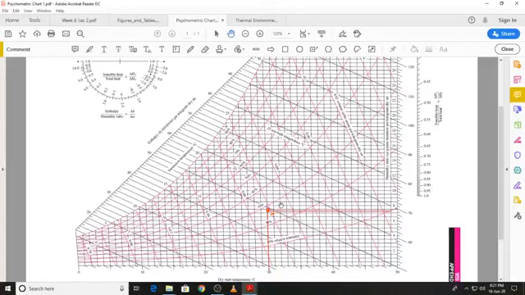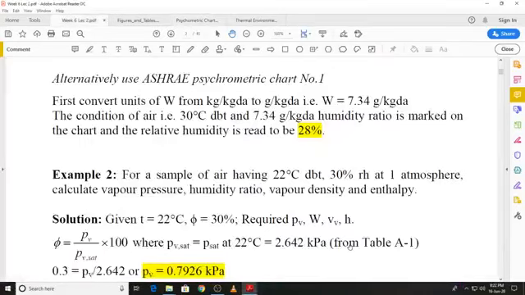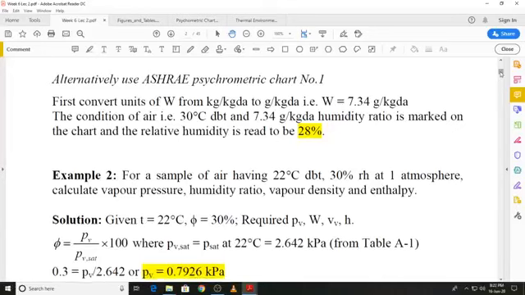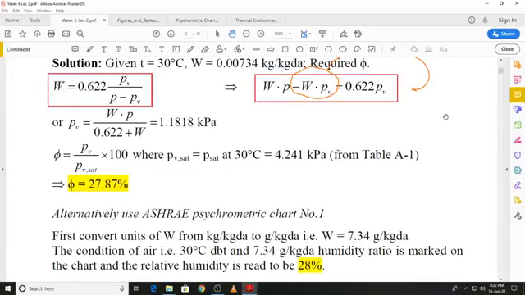I would of course suggest that you print out the psychrometric chart and use proper instruments, scale and set squares to obtain values from the psychrometric chart, which will be more accurate. So the 28% value we can now compare with the calculated value, which is quite acceptable. The calculated value was 27.87%. So if I through observation found it to be 28%, that is acceptable.